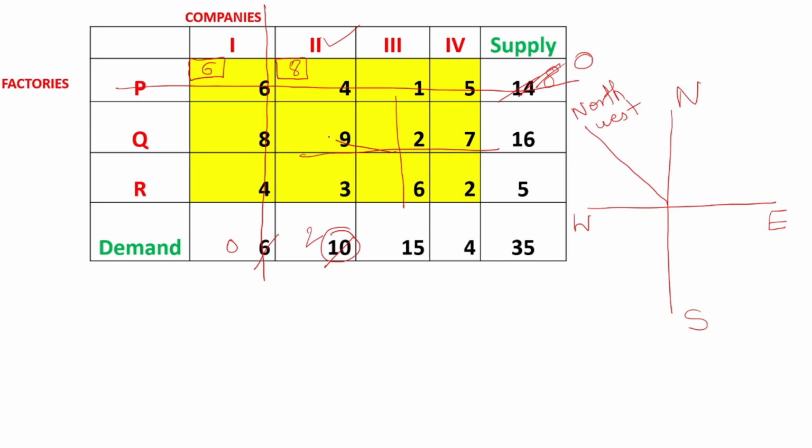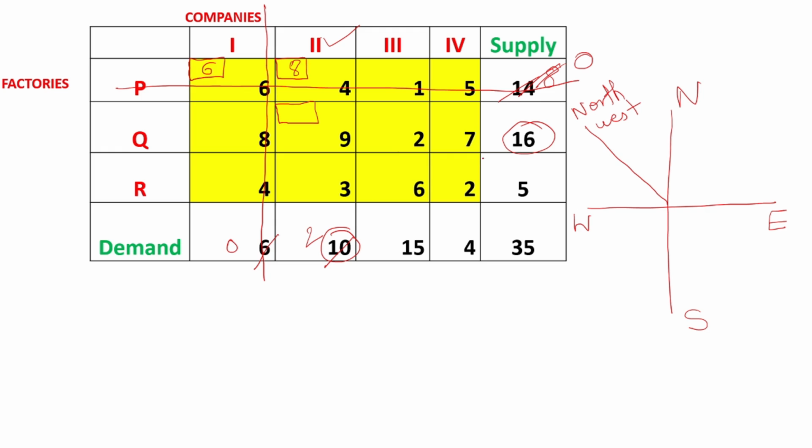We can clearly see now 9 is in the northwest corner. So we have to select the next cell, which has value 9. Mark that cell with a corner rectangle. Now 9 belongs to column 2 and row Q. Q is supplying 16 and column 2 is currently demanding 2 items.